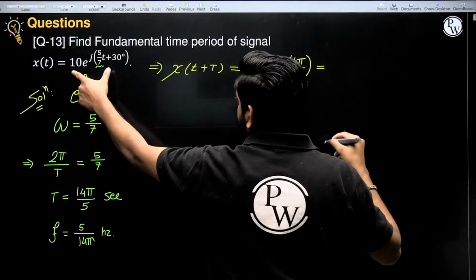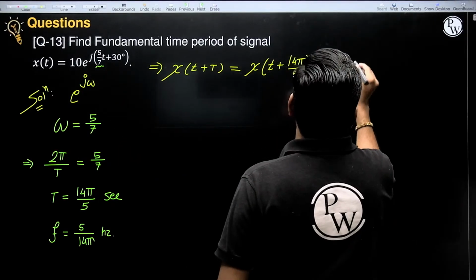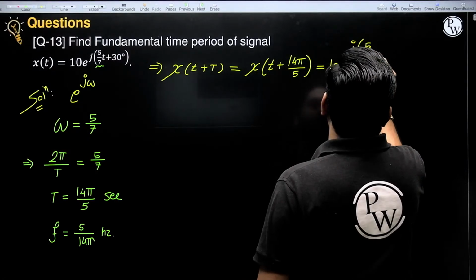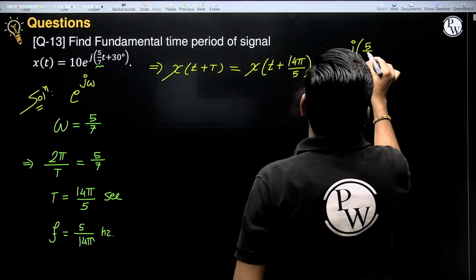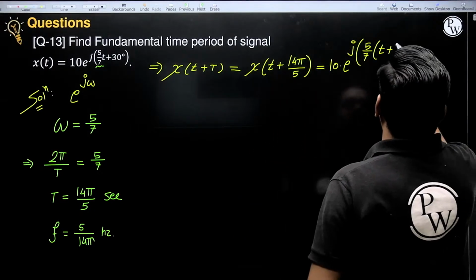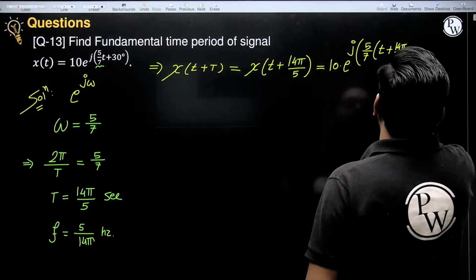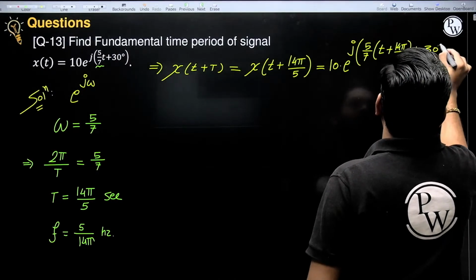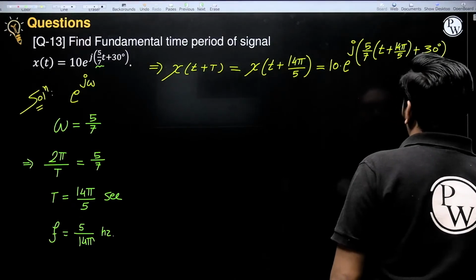So in this case, 10 e to the power j (5 by 7 t plus 30 degrees) becomes t plus 14 pi by 5.